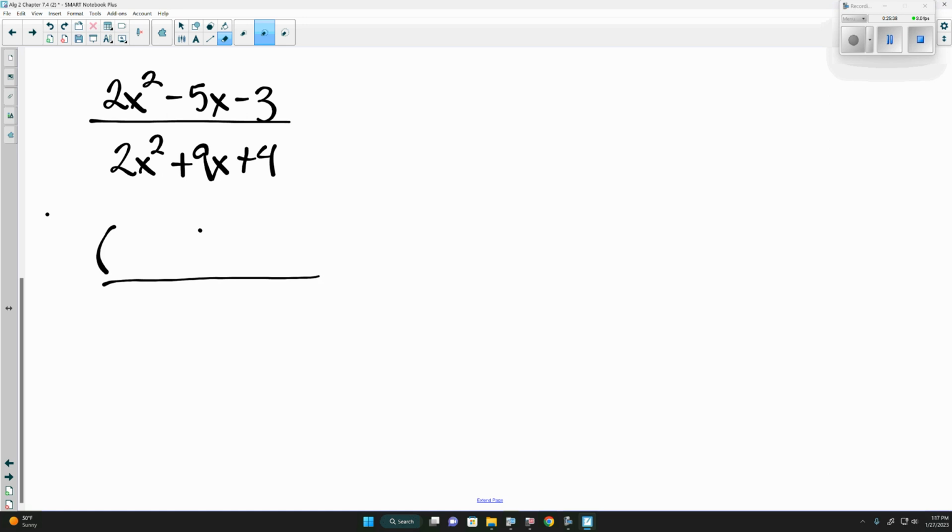Now, we can see if this factors. Now, for the numerator, since the 3 is negative, our signs are opposite. If the third term's negative, our signs are opposite. If the third term's positive, the signs are the same and match the sign of the middle term. 2x squared, well, our factors are x and x. Factors of 2 are 2 and 1. Where do we want to put the 2?